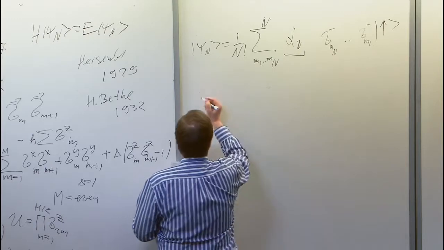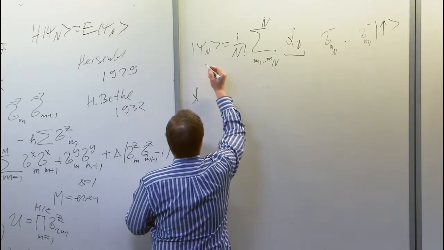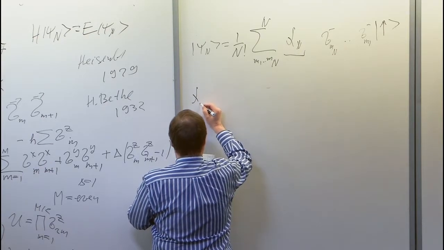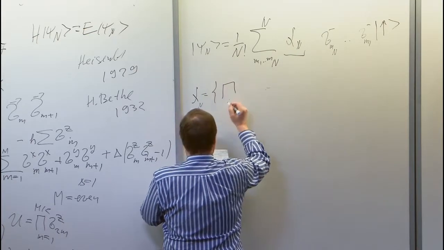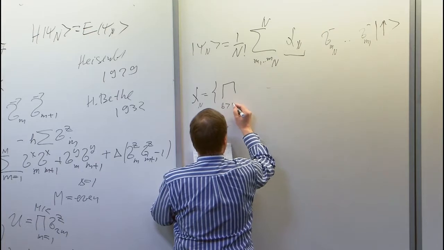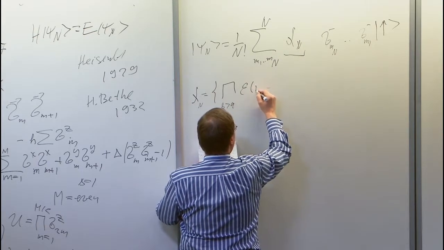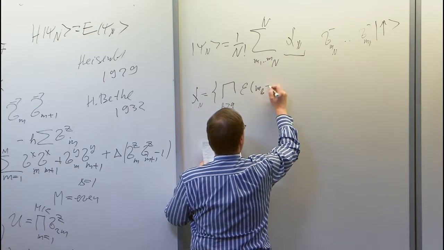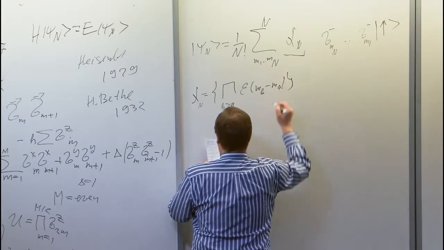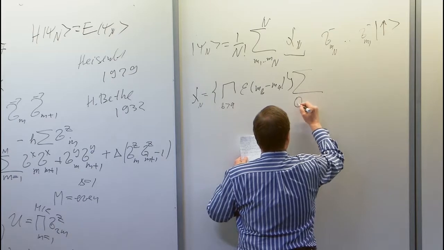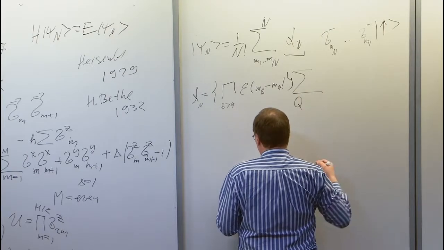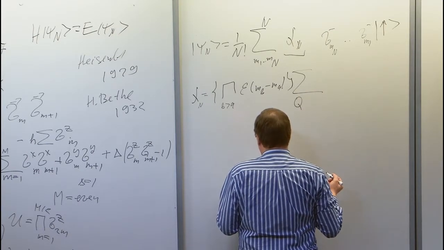And then it looks like this. Well, kappa depends on a lot of stuff, but let me write it down. Q is a permutation, so I will be permuting the momenta of the particles.